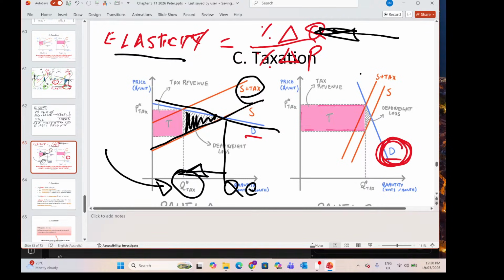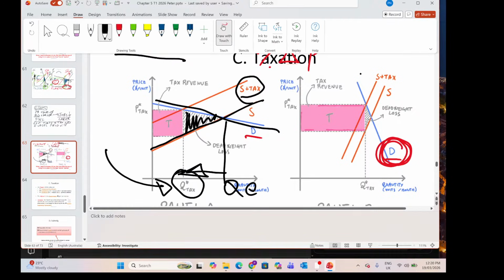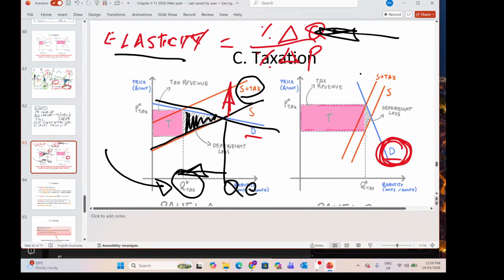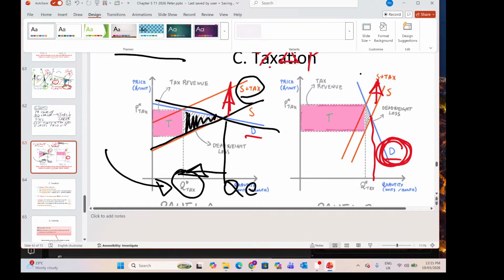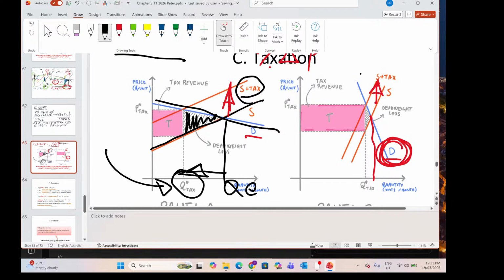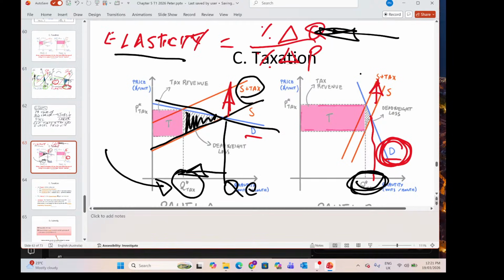Whereas if the government imposes the same tax, they don't look the same, but actually these taxes are the same. The vertical distance between these two lines, that's the same. But in the case on the right, the change in output is much lower. And as a result of that, the dead weight loss is less.